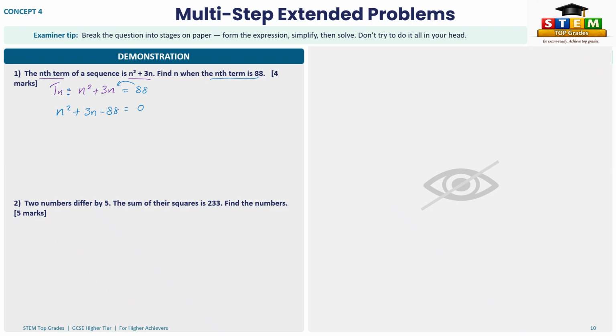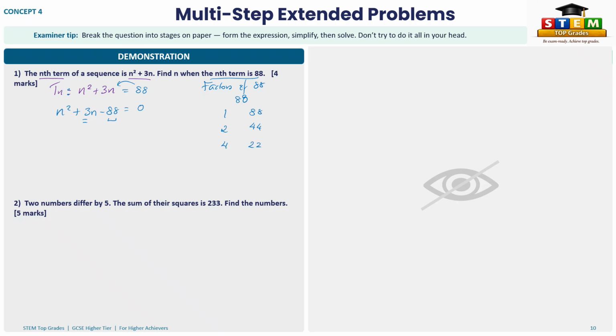Now we're going to be looking for factors of 88. So 88 is 1 times 88. Now remember, we need to get a difference of 3. So let's look for the next one: 2 and 44. We can't get 3. There's no factor of 3 in there. So we're going to do 4s: that's 4 and 22.